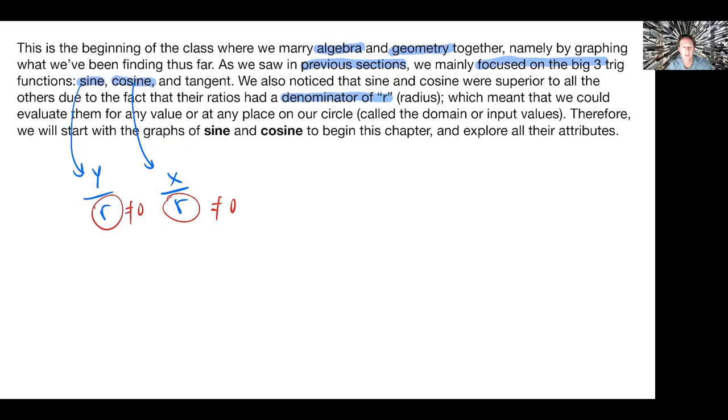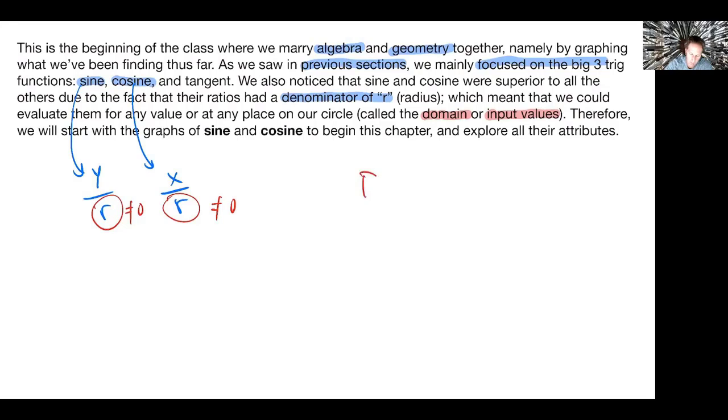If we don't have a length, then we don't have a circle or an angle to actually build. Getting back to what we were mentioning, we're going to call that the domain, or the input for the things that we can actually evaluate these trig functions, which typically is our x-axis.